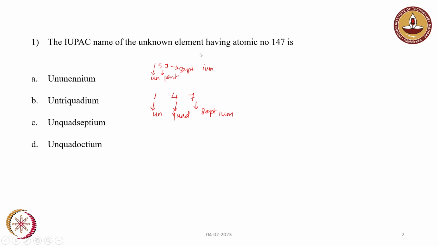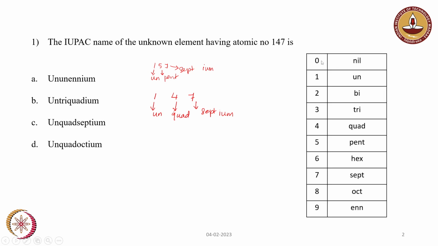So first, the IUPAC name of unknown element having atomic number 147. So basically, we need to know how each number is named. So 0 is nil, 1 is un. So for each number, we have naming.